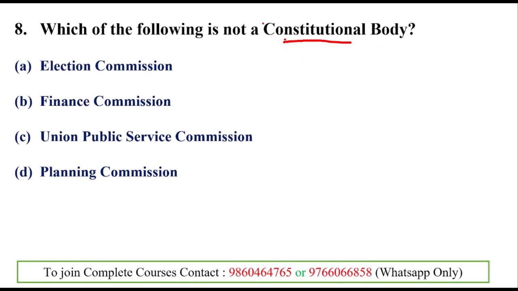The meaning of a constitutional body is that it is mainly mentioned in the constitution, and they give a statutory status for the institution. Election Commission has that, Finance Commission and UPSC also have, but Planning Commission is not under the constitutional bodies. It is regarded as an extra-constitutional body, but not given statutory status.